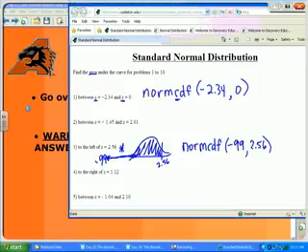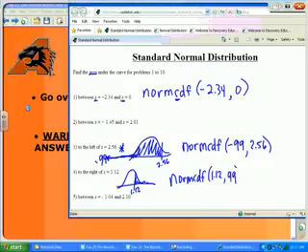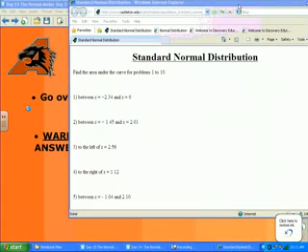Likewise, for the one on the right, if I want to go to the right, I'm going out to positive infinity. So for 1.12, norm CDF from 1.12 out to positive infinity, and we'll say 99 standard deviations. That's about as close to infinity as you could get in standard deviations. Okay, so there's that part.